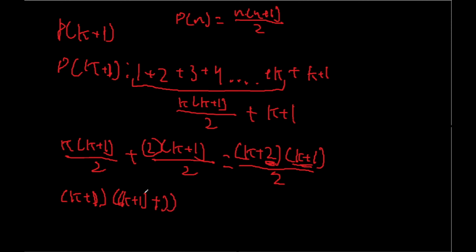Right? Sorry, that doesn't look like a 1. I accidentally drew another second parentheses right there. And we have all of that over 2. And now it's solved. Since the equation is like the one we have up top, right?